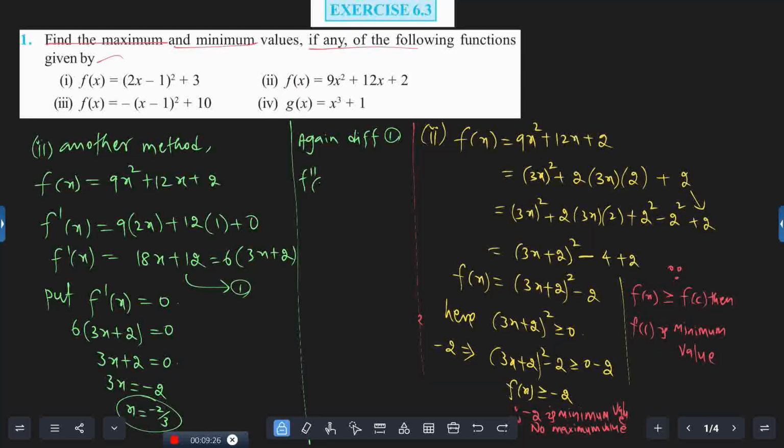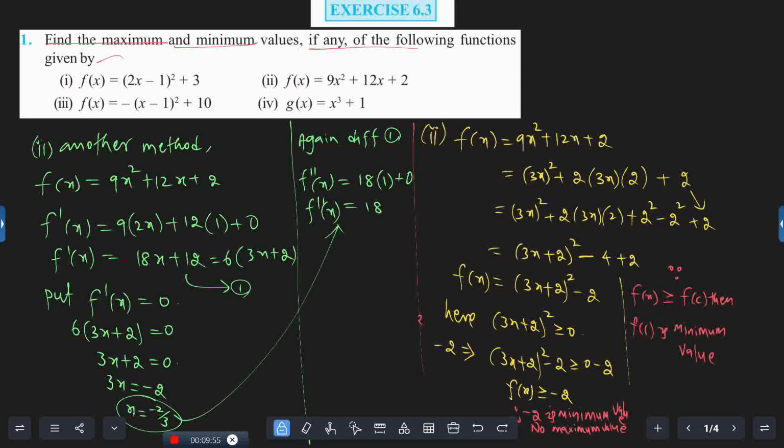F double dash of x is equal to 18 into the derivative of x, which is 1, plus the derivative of 12, which is 0, because 12 is a constant. So 18 ones are 18. That is f double dash of x, 18. So take the x value and substitute it in the double derivative.